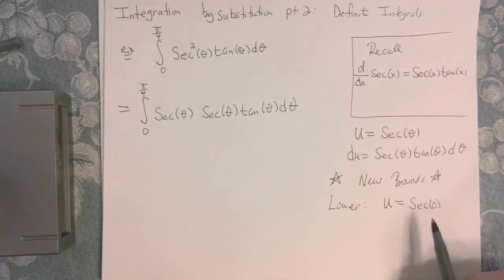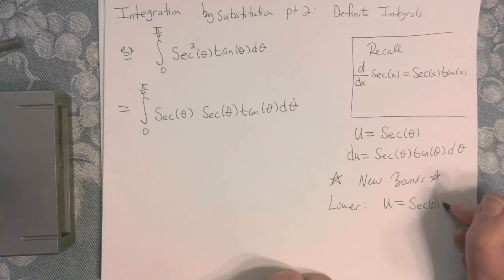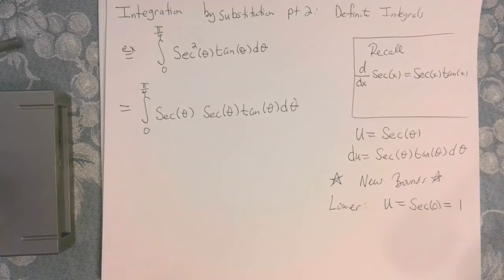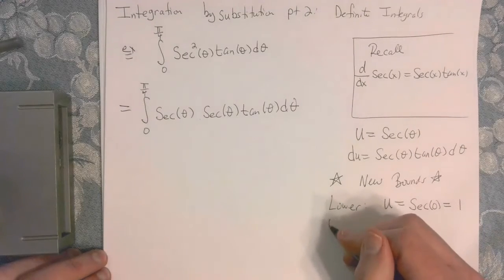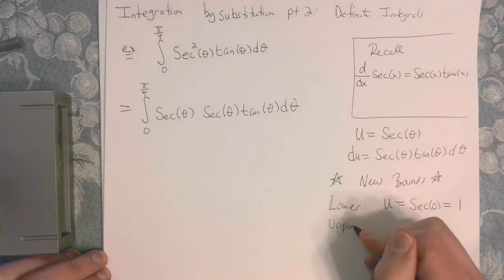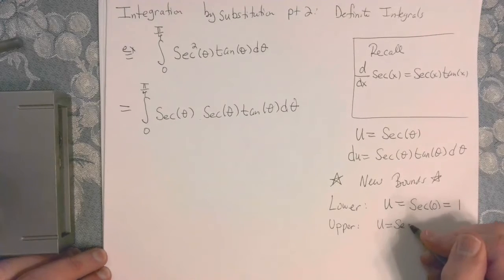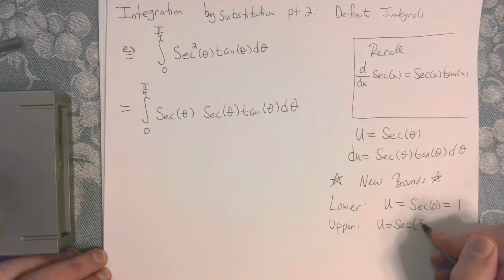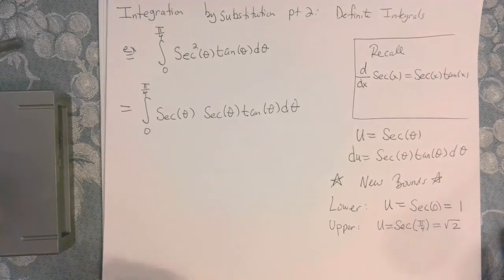If that bothers you, just think about the definition: 1 over cosine of 0. Cosine of 0 is 1, so this must be 1. I need a new upper bound as well. So this is u equals the secant of pi over 4. But this is exactly the square root of 2.